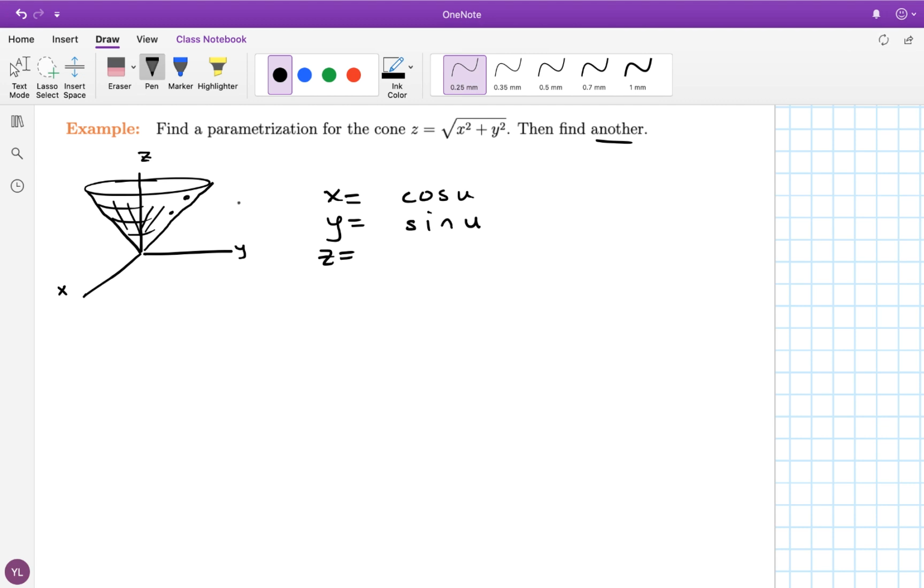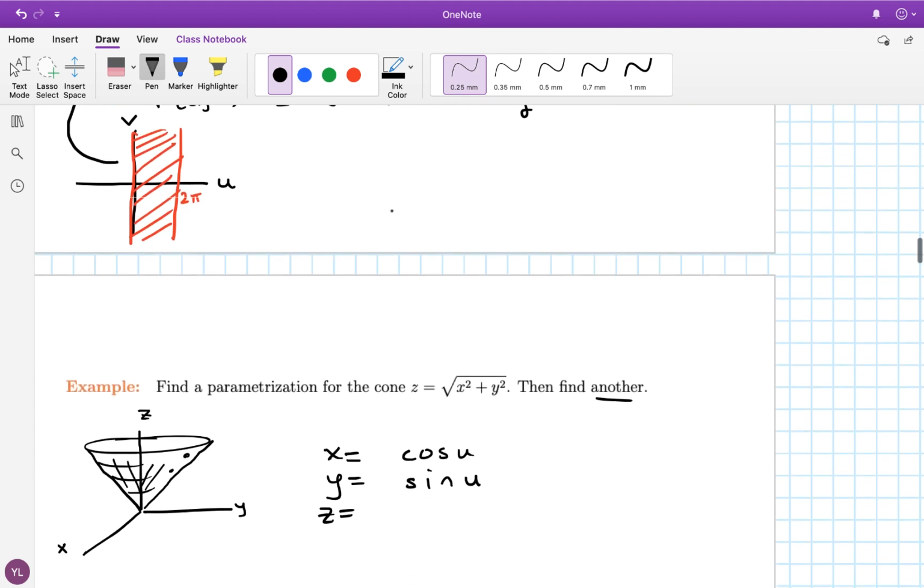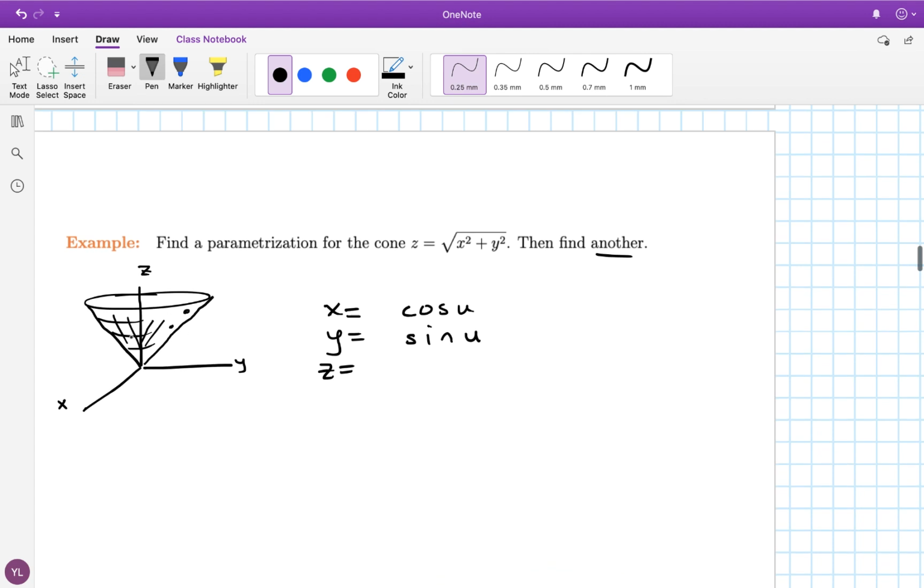So it's not like the cylinder above where the x and y coordinates are bound to a specific circle. At any given height, the x and y coordinates are bound to a different radius circle. And it seems like the radius of that circle is steadily increasing with the z value, right?